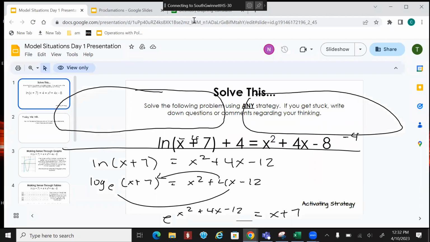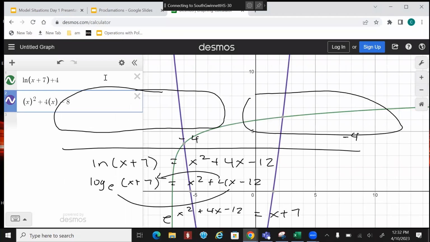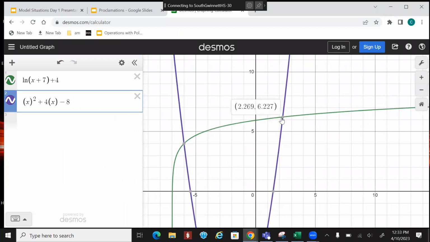If we go into Desmos and we type the first equation, and then we type the second equation, where do they cross over? They cross over at -6, and then they also cross over at 2.269.